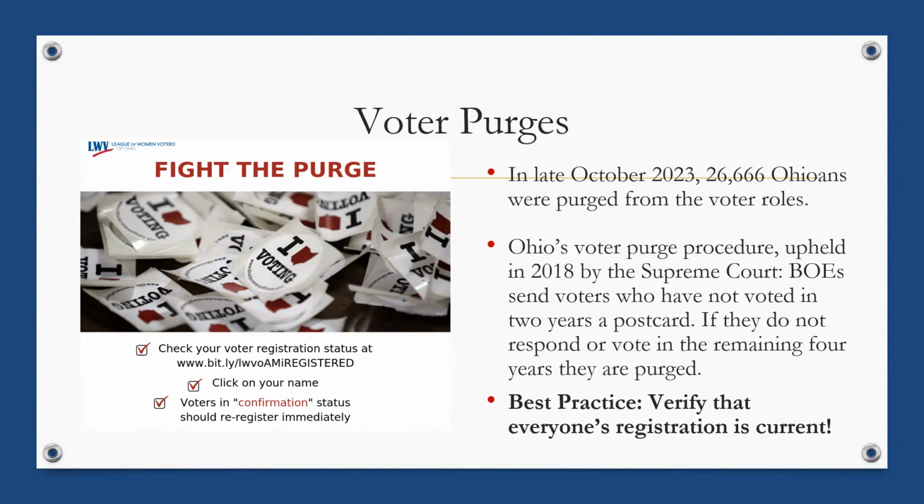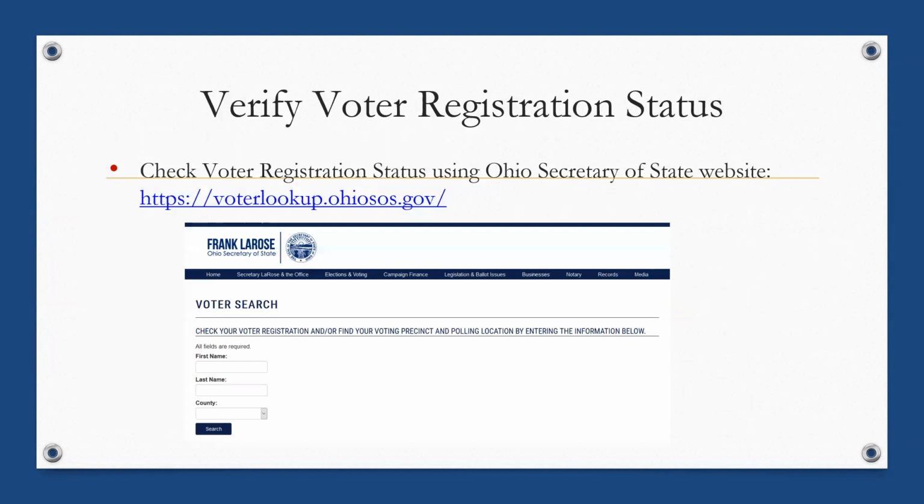So we don't know exactly the date when that purge will take place, but we do know that another voter purge is coming. So if you're talking to somebody who hasn't voted in a while, they may want to just update their voter registration, fill out a new form, and that will allow them to stay on their voter rolls.